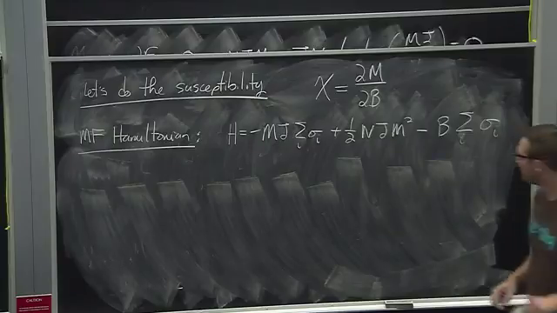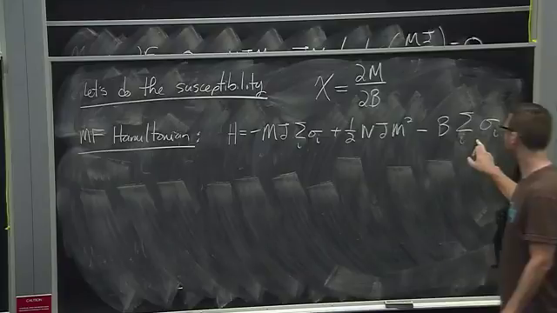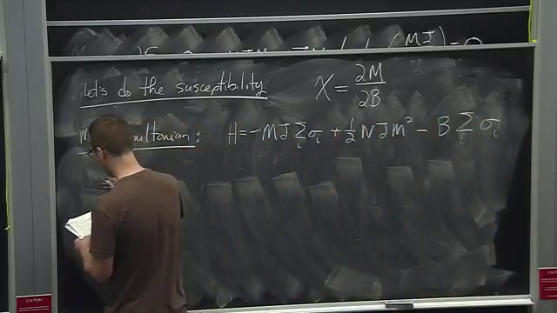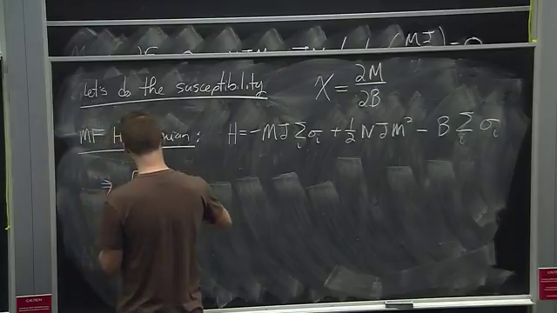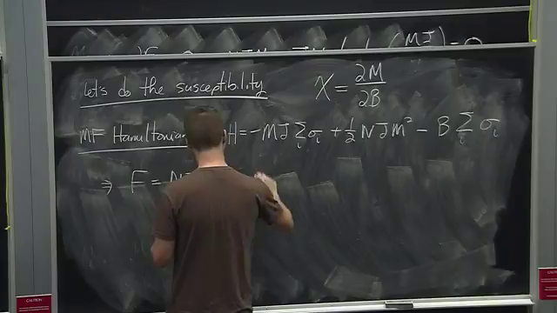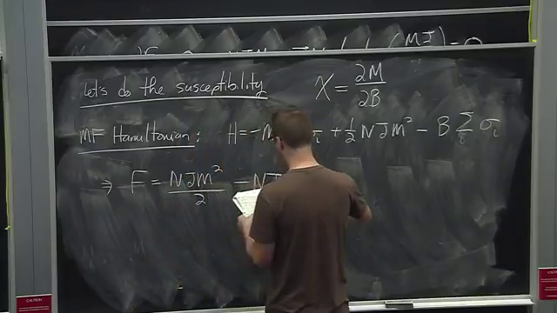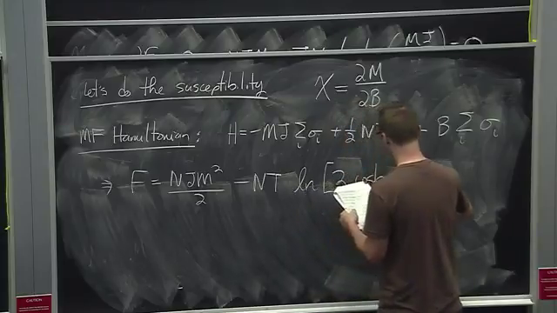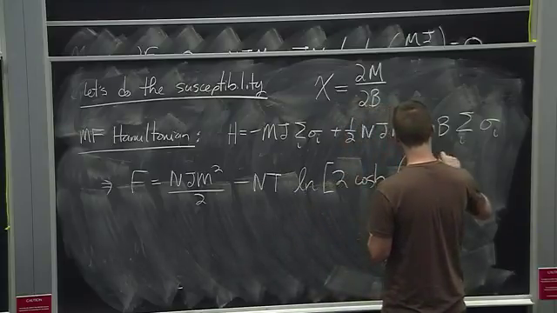That'll give you a free energy. So you have basically a magnetization there. So that'll give you a free energy that looks like, and you should confirm this, and it's MJ, here it comes.